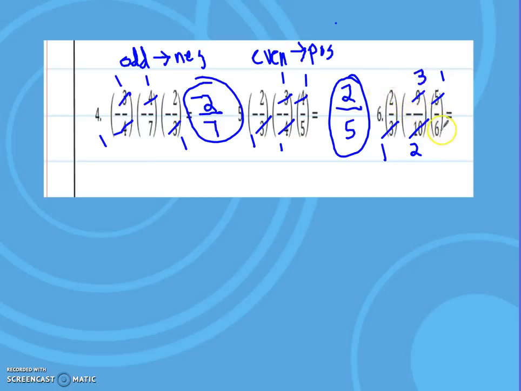Lastly, I'm going to do the 2 and the 6. 2 divided by 2 is 1. 6 divided by 2 is 3. And technically, I can go again with the 2 3's. 3 divided by 3 is 1. 3 divided by 3 is 1. 1 times 1 times 1 is 1. 1 times 2 is 2. 2 times 1 is 2.